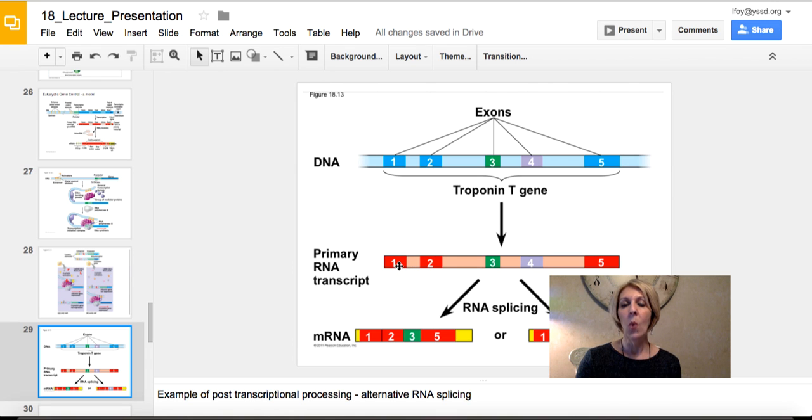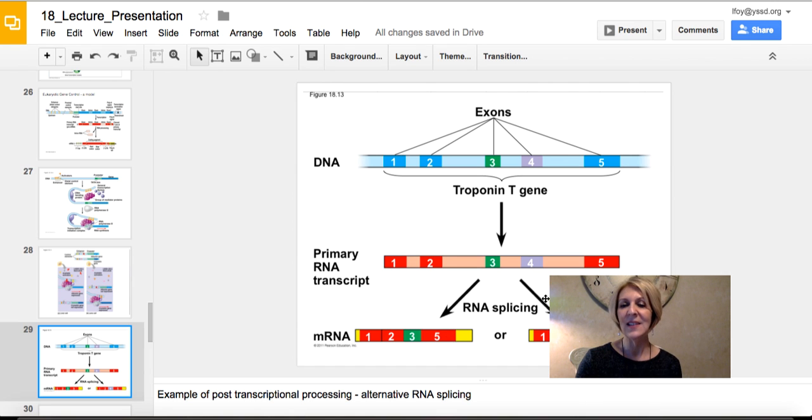So in one primary RNA transcript, you might have certain RNA splicing that allows these sections of the DNA to make it into the final copy of the messenger RNA that is then going to be translated.